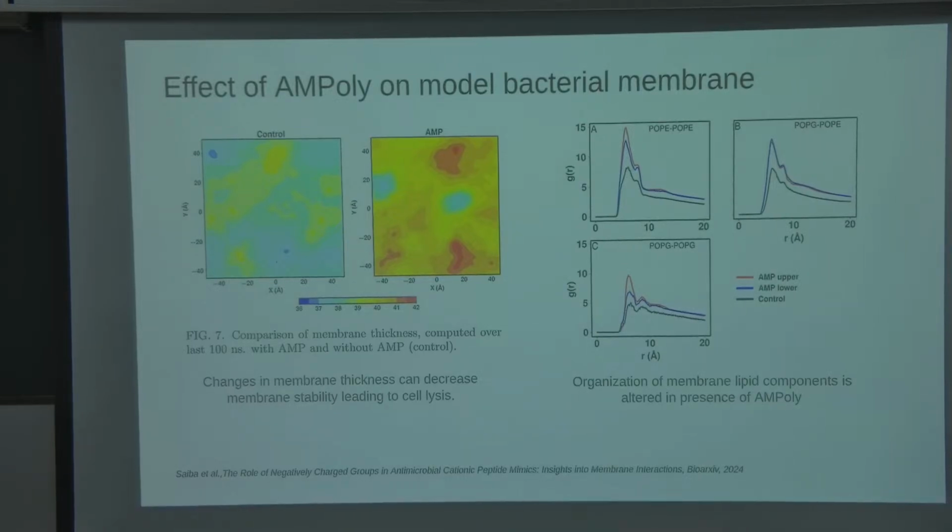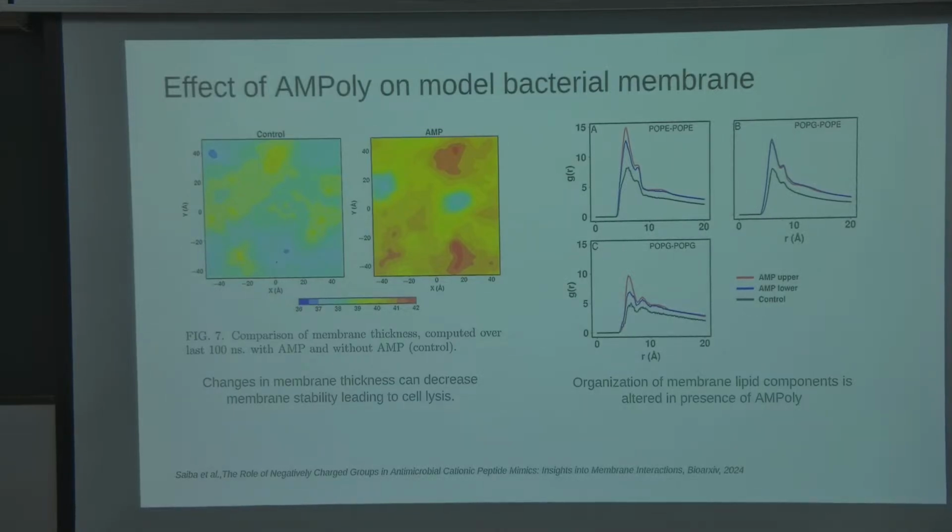But we notice that upon the addition of the polymer, both the upper and lower leaflets show some change in lipid organization when we look at POPE to POPE correlation and POPG to POPG correlation. The cross correlation of the lipids is mostly unaffected, but they do change when compared to the control. So together we can say that the polymer is changing the membrane properties.